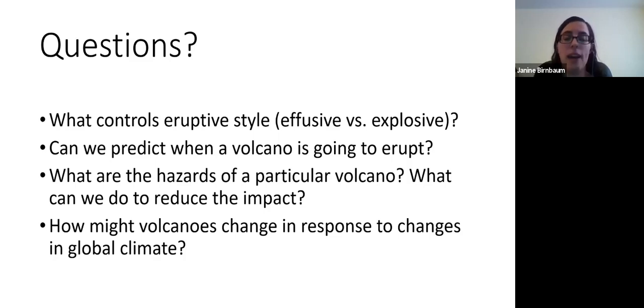But how does magma or lava melt in the first place? Normally we think that what controls whether or not something melts on the Earth's surface is its temperature, right? When you have a piece of ice, you heat it up and it turns into a liquid. That's one of the things that controls whether or not a material melts, but a lot of materials are also sensitive to pressure.